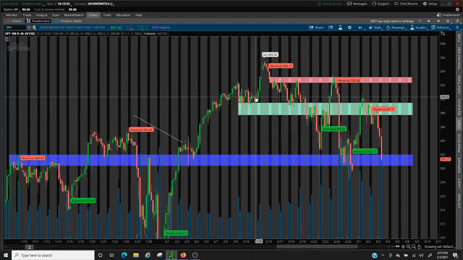What is the theory? The theory says that old support lines become new resistance lines, and old resistance lines become new support lines. Okay, so let me see if that makes any sense.